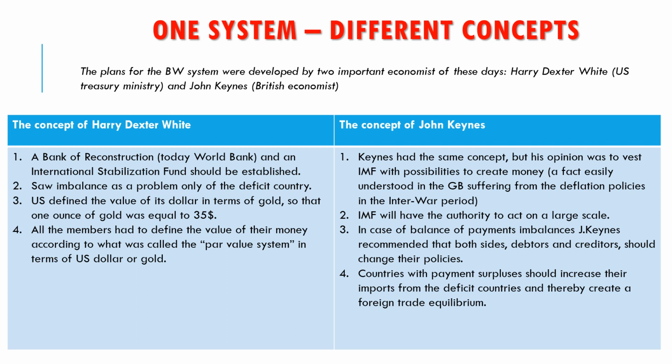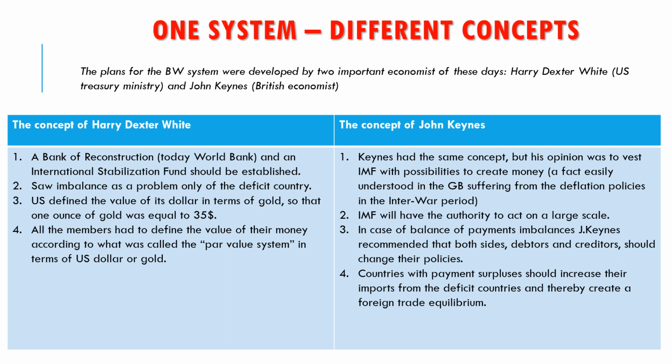Harry Dexter White was a US economist, John Keynes was a British economist. Harry Dexter White had the idea to establish a bank for reconstruction, which today is the World Bank, and an International Stabilization Fund.